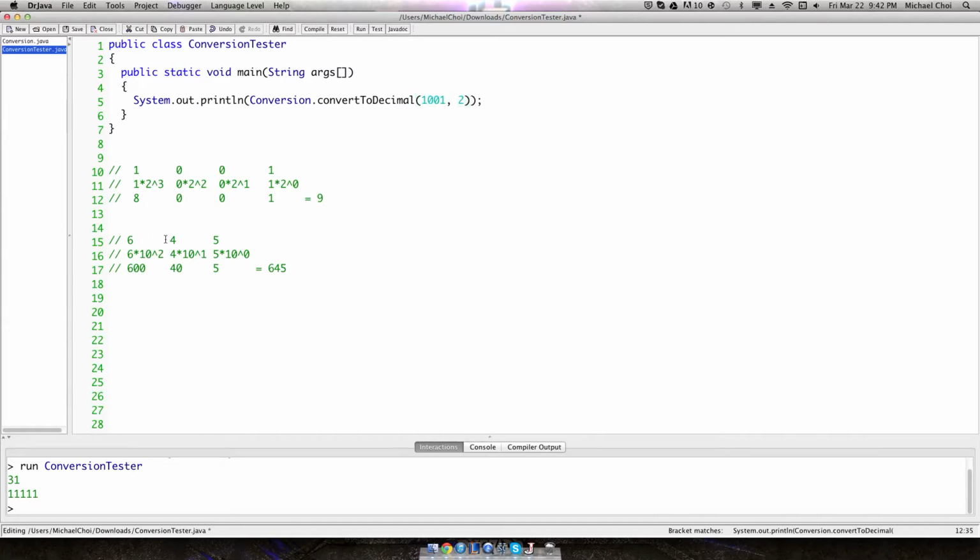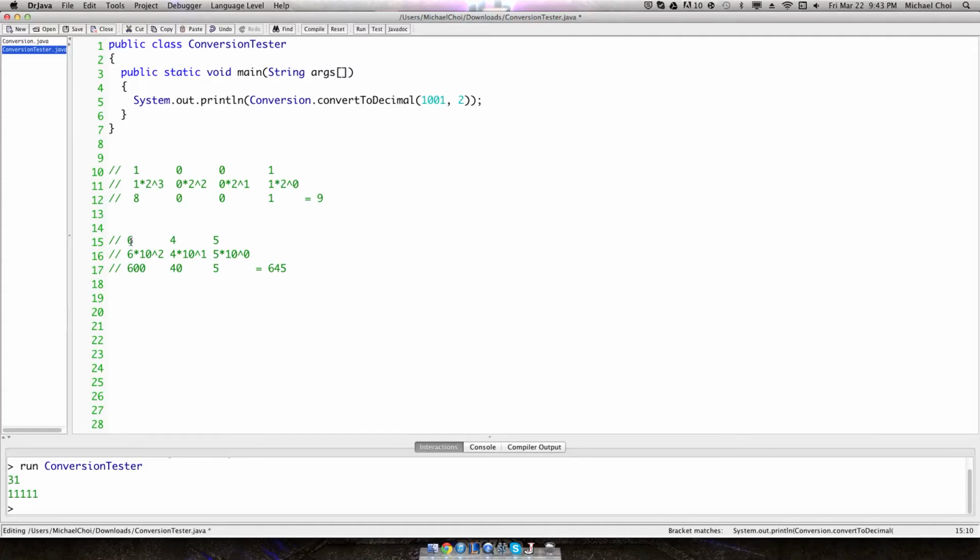645 is just some arbitrary number I decided to pick. We're basically going to be doing decimal to decimal conversion, which is technically going to be the same number. 645 is 645 in decimal, because they're both decimal. But I thought I might as well cover this because it might help lock in the concept of numbering systems.